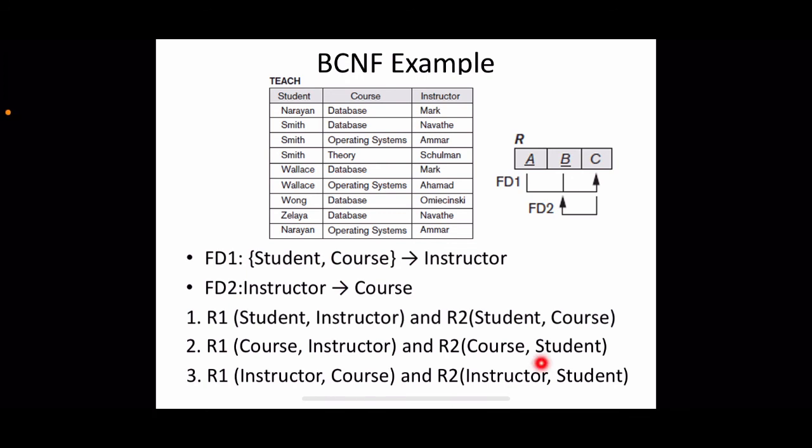So based on this, the third decomposition is the desirable decomposition, because it won't generate any spurious tuples after a join. So we can see how this can be tested, that is whether this decomposition is lossless or non-additive. Such things we can see later. Some algorithms are there. So for the time being, we can just ensure that the decomposition is lossless. Okay. So these are about BCNF. Thank you.